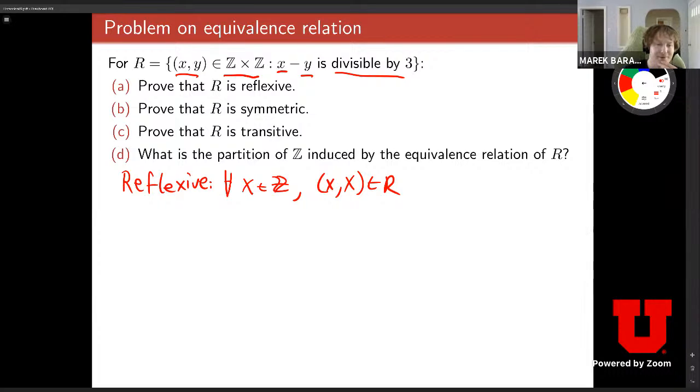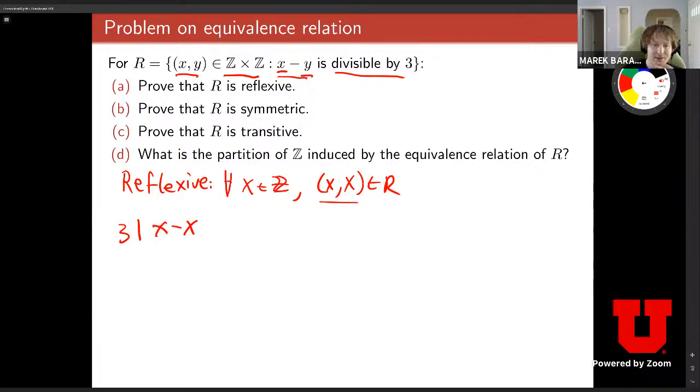Okay, it looks like people are done. So we need to show this. If we look at the definition of R, we want to show that x minus x is divisible by 3.